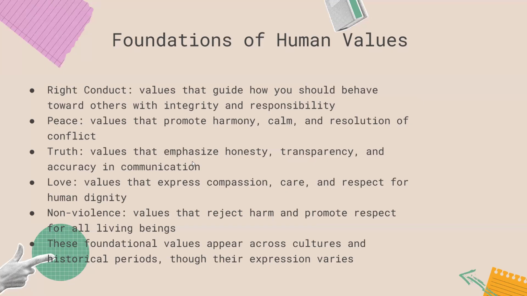So all of these foundational values, Angel, we can identify them across cultures and historical periods. Because remember, let's make a comparison. If we got a person from Managua and we got a person from the Atlantic coast, we can differentiate the different types of human values that we got, right?